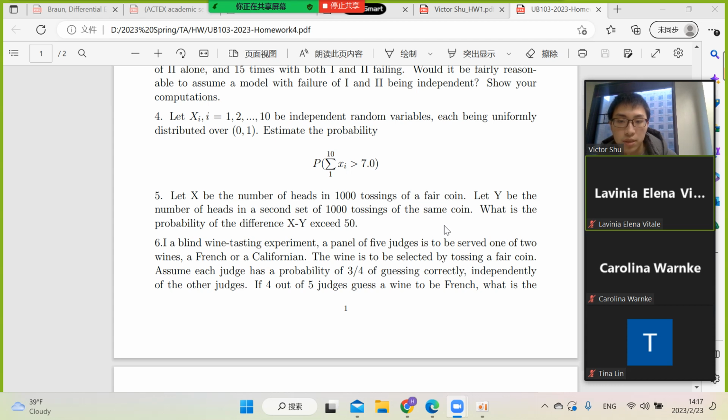The variance of x minus y in this case equals the variance of x plus the variance of y. That's the last formula I'm using. Thank you.